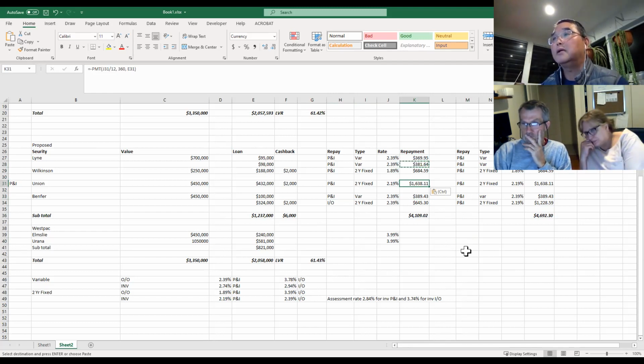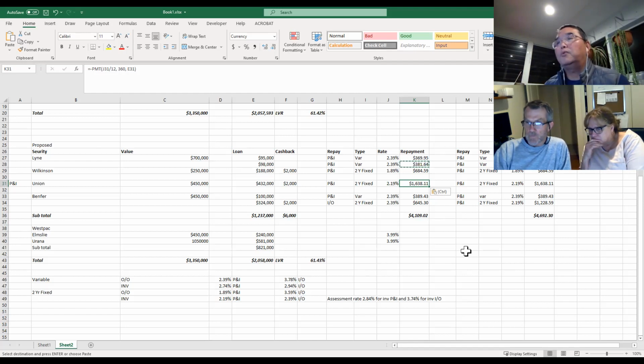Yeah, it's a big jump. That's the type of figures that we just couldn't possibly work out to fit that other calculator.